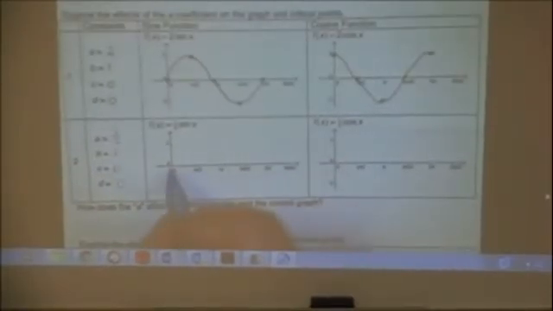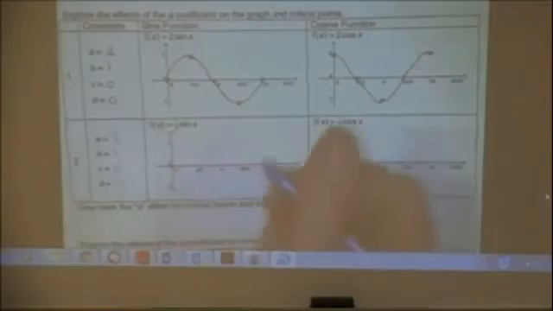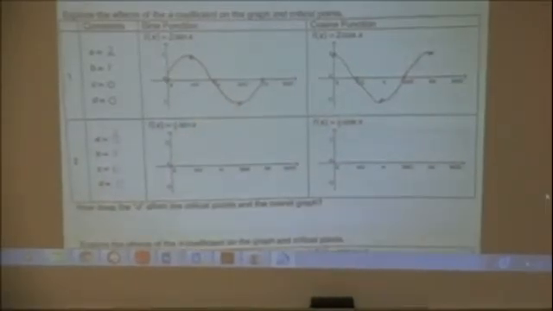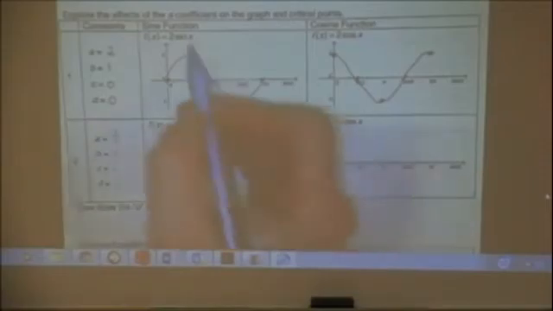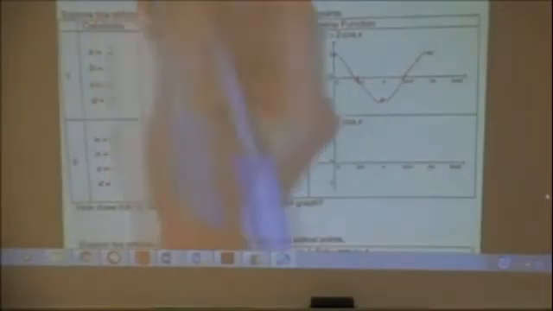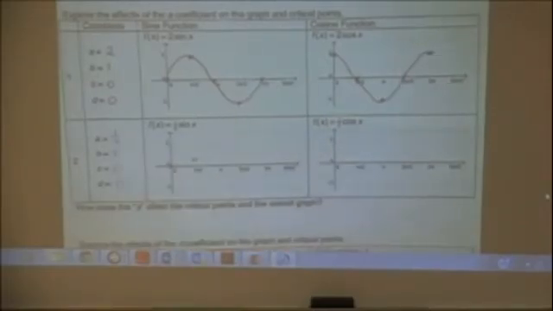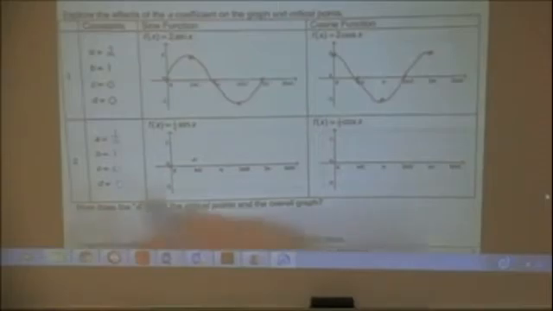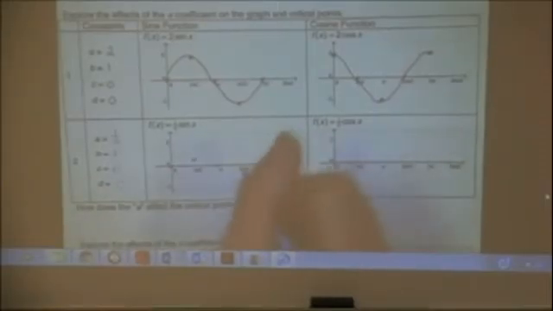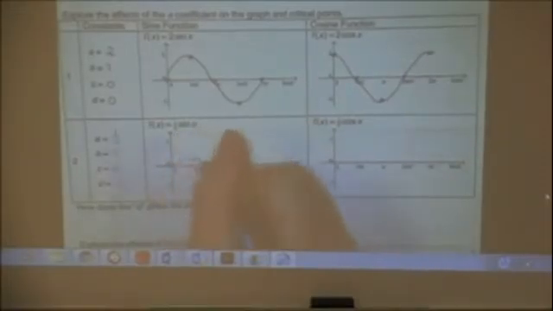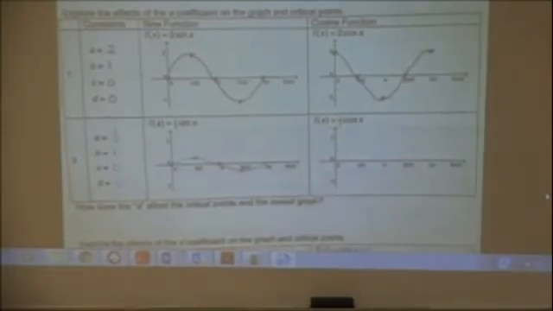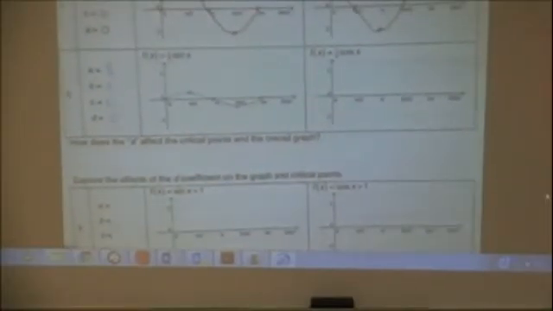Okay, so my first value, which is 0, 0, is still going to be 0, 0. Now this one's going to be pi over 2, and I multiply my 1 by a half. So this is going to be pi over 2, and a half. So it's going to be right here. So this one is going to look different. So it looks like that, because this one has been vertically compressed. Everybody all right?